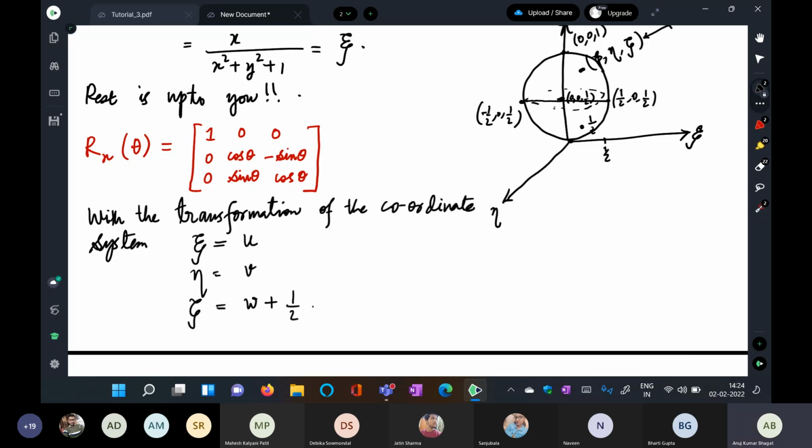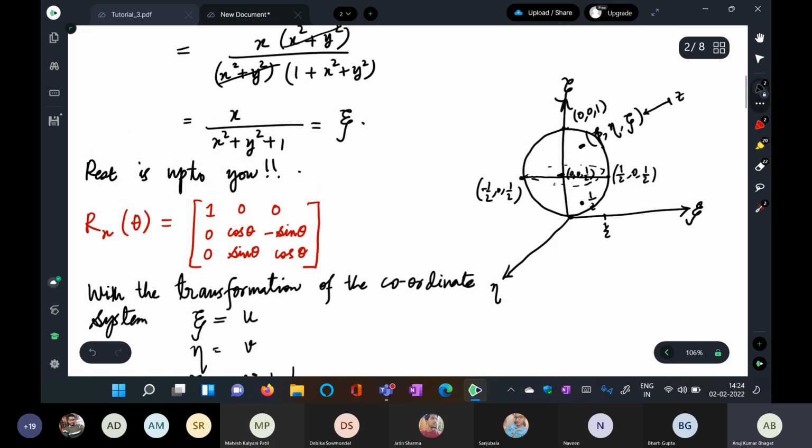This diameter will be parallel to... just a minute, let me check this. I have taken the wrong transformation, I guess. This diameter will be parallel to the z-axis, if I am not mistaken. What is your guess on this?